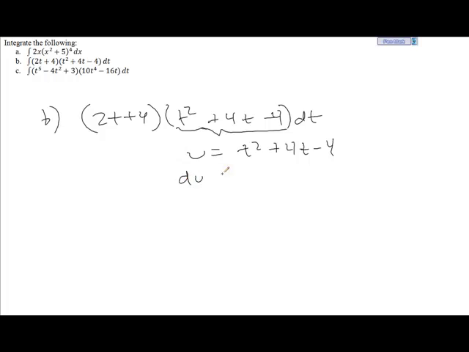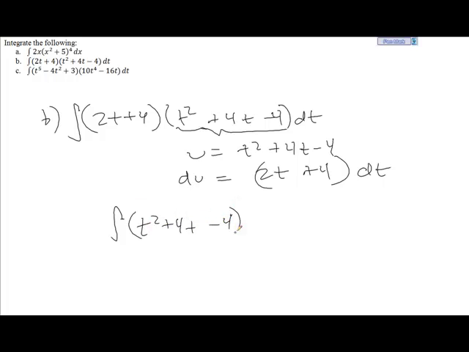So that means du, and I'll just write it from the differential because we know we'll multiply through by dt, is going to be 2t plus 4 dt. So that's exactly what we have left over here. Therefore, my integral, I'll just rewrite it to get the terms together that I need. I need my 2t plus 4 and my dt together.